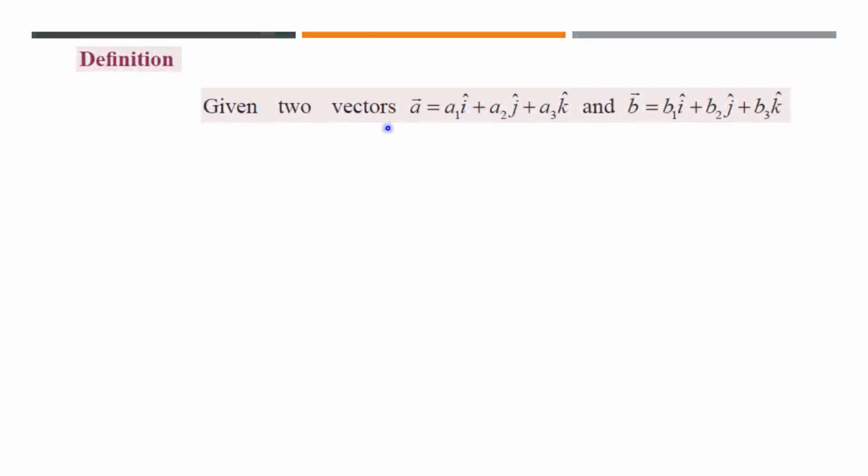Next we are going to see the definition of vector product. Given two vectors, a vector is equal to a1 i cap plus a2 j cap plus a3 k cap and b vector is equal to b1 i cap plus b2 j cap plus b3 k cap.